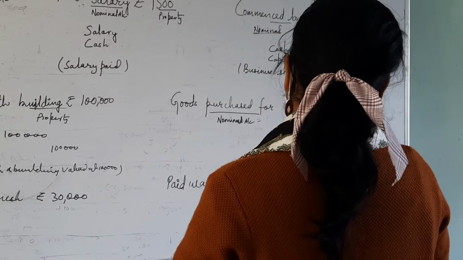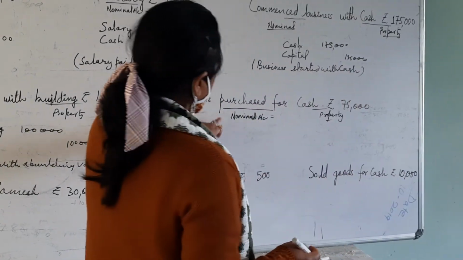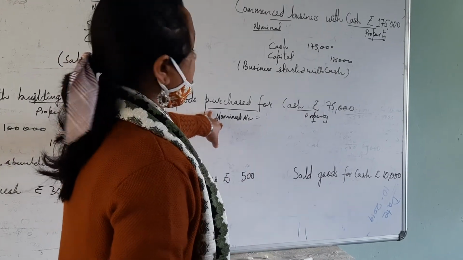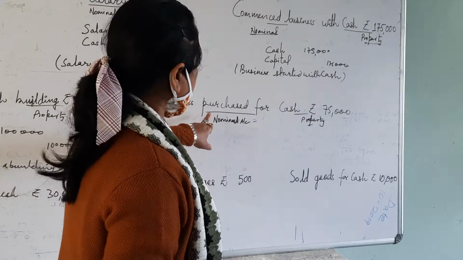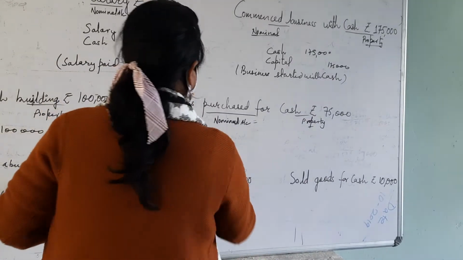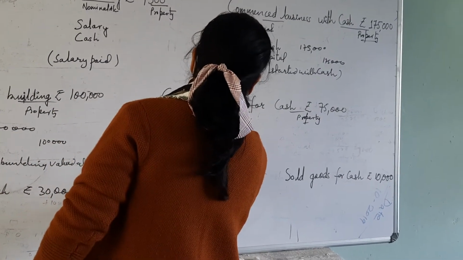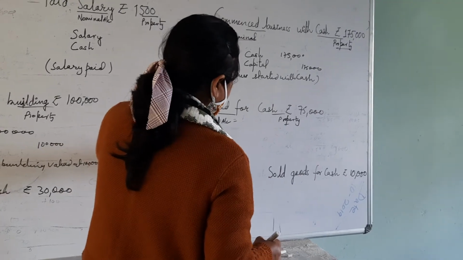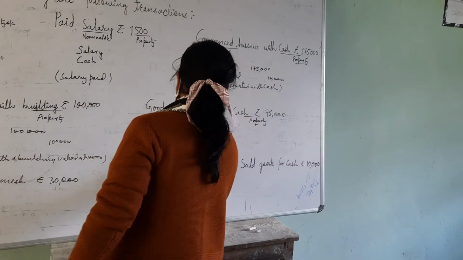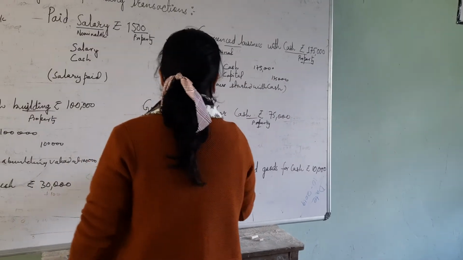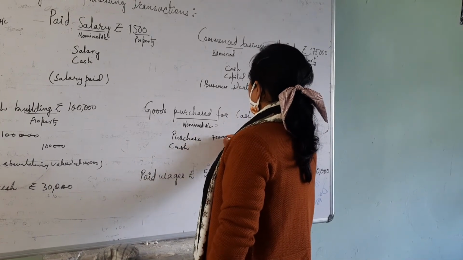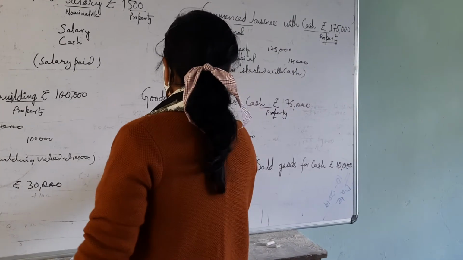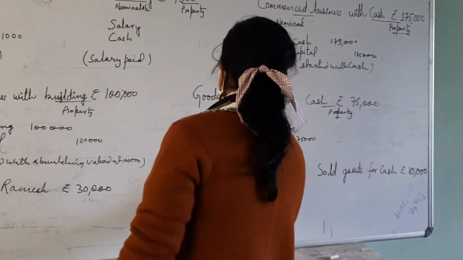Goods comes in. You can write goods, or according to the nominal rule, debit expenses, losses. So purchase is expenses. We can write purchase. And what will be in the credit, second line? Cash. Cash goes out. Amount 75,000. So what is the narration here? Goods purchased.